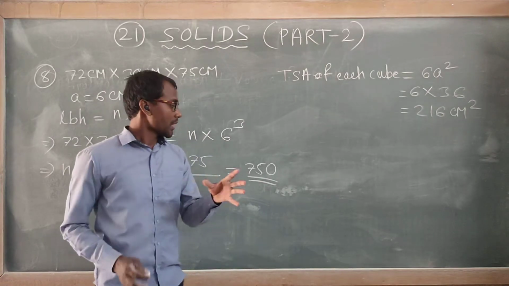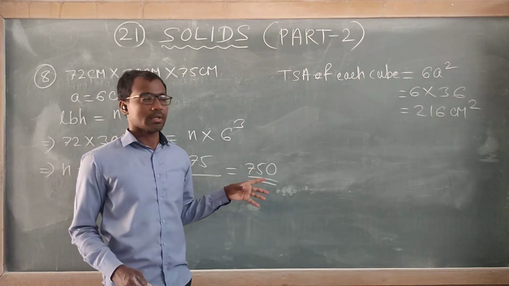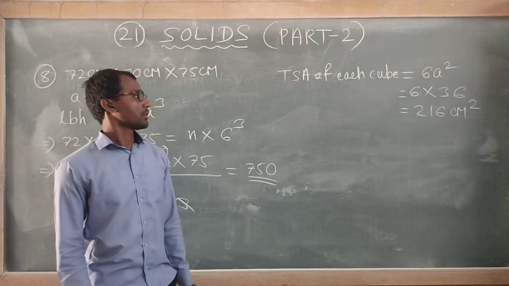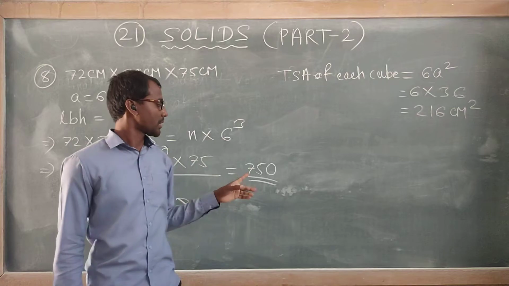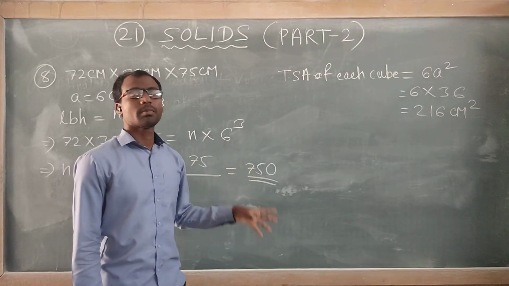And we have 750 cubes like this. The surface area of one cube is 216 square cm. We have similar 750 cubes.